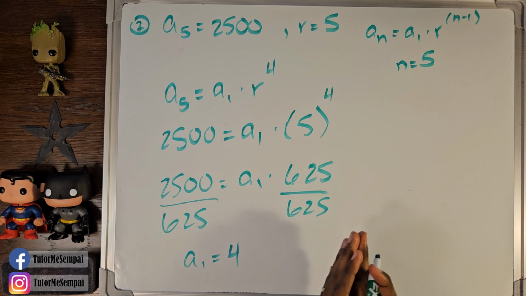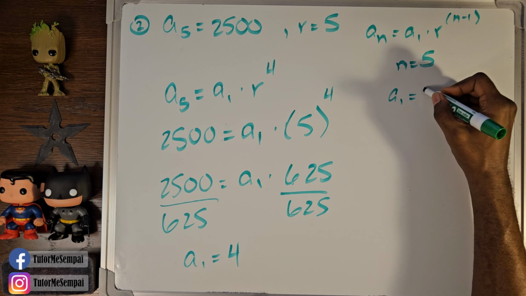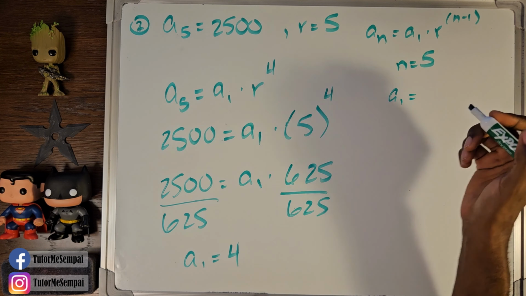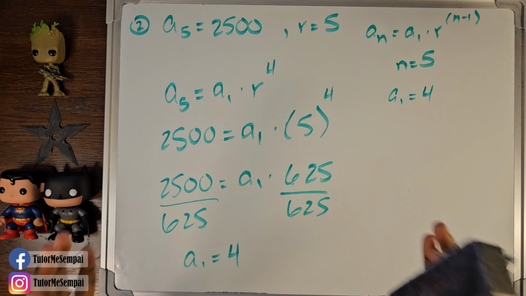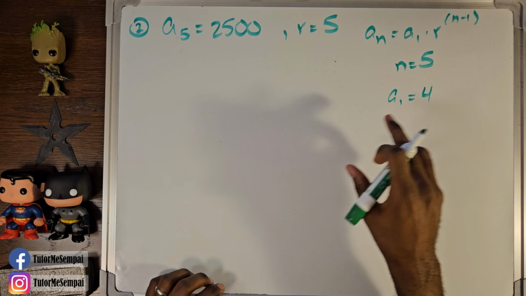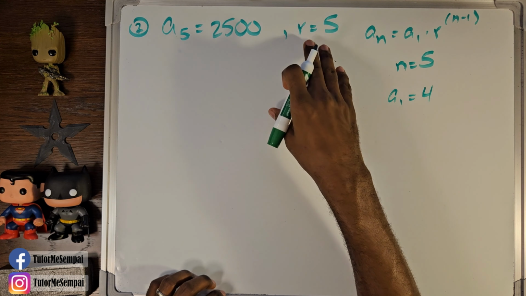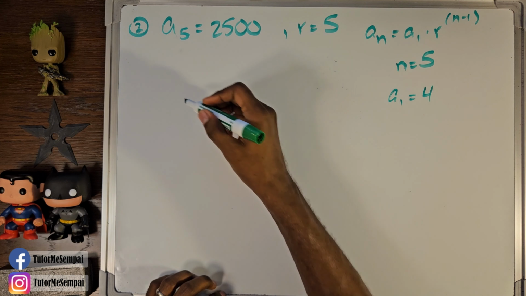Now that we know that a sub 1 is going to equal 4, we can plug in all our missing components to fill in the explicit formula for this geometric sequence. So let's erase all of this here and write our final explicit formula for this question. We have our a sub 1, we have our r, and we have our general formula. So we're going to plug in all the missing components.